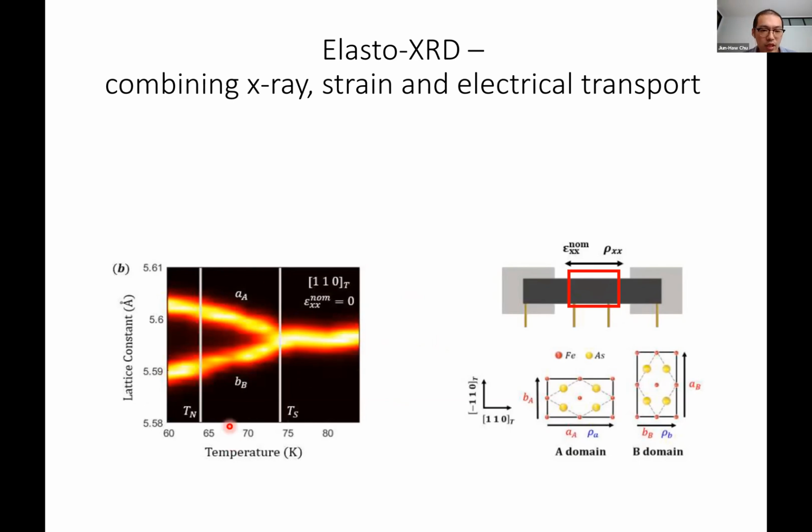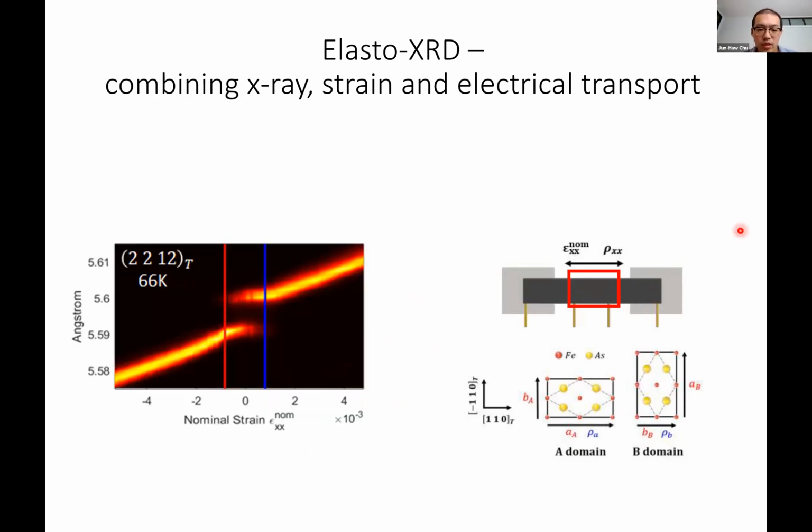Now, let's say we are sitting at a fixed temperature and we start applying strain along the matchstick direction. Then you can see that as a function of strain, which is the x-axis, this is a microscopic strain measured by the strain gauge, the whole deformation of the samples, as you increase strain, the two diffraction peaks gradually become one diffraction peak. The intensity of one peak is suppressed, and the intensity of the other peak increases.